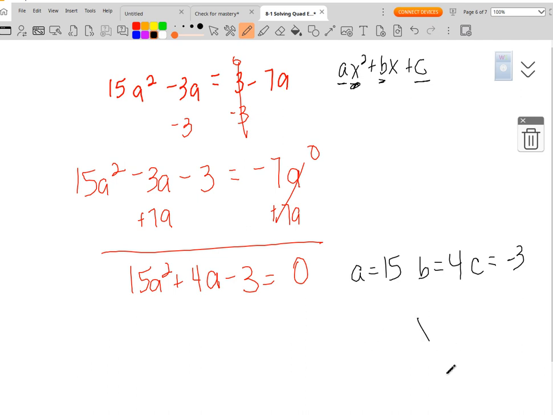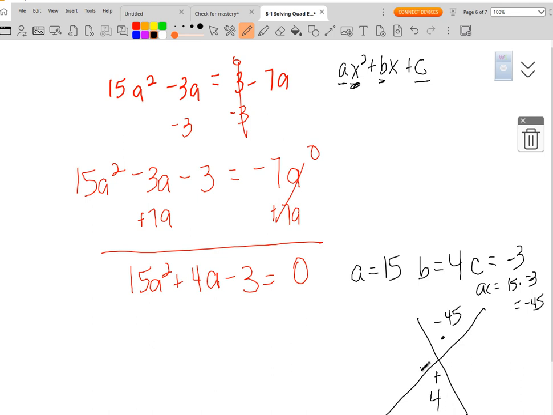So now we need to multiply A times C, actually. So AC equals 15 times negative 3, which is negative 45, and that goes in the top of our X. So now we need 2 factors of negative 45, and when you add them together, you get positive 4.